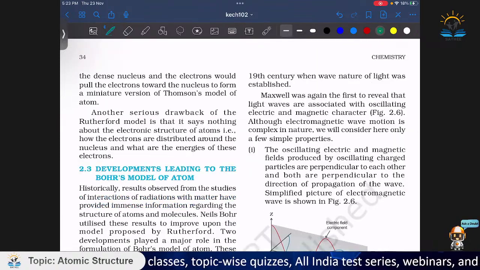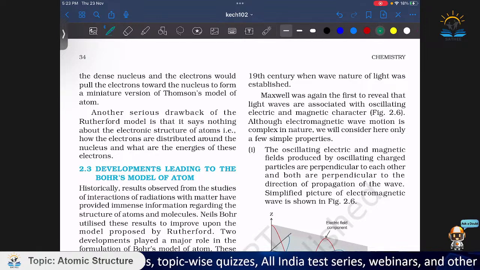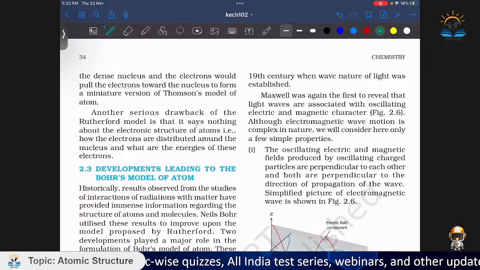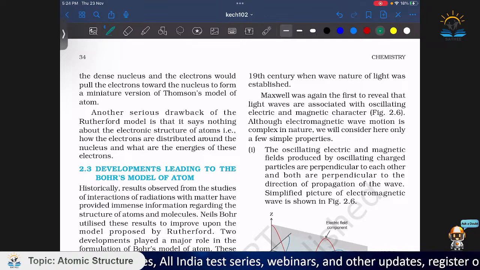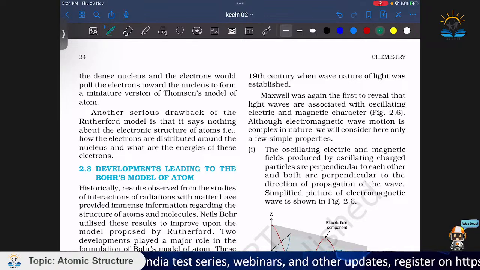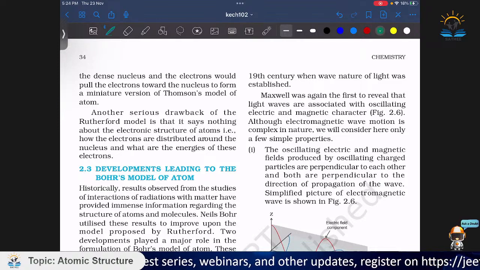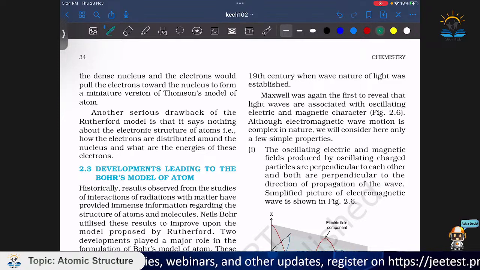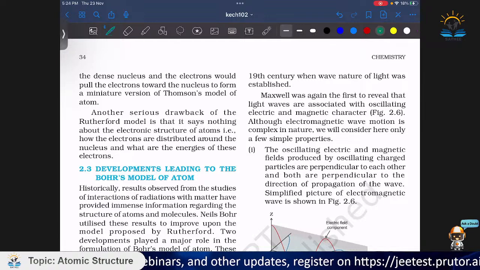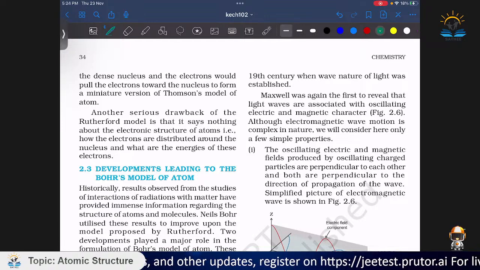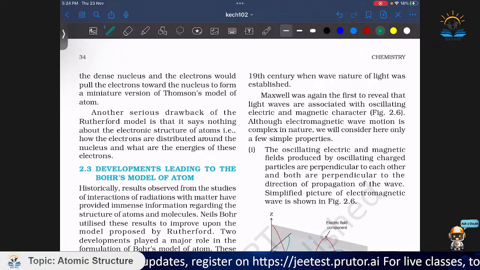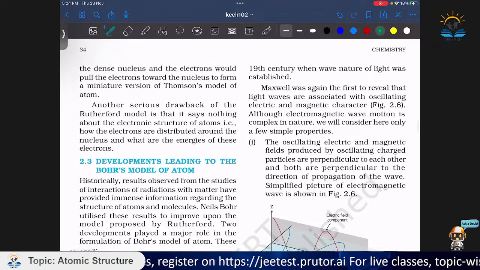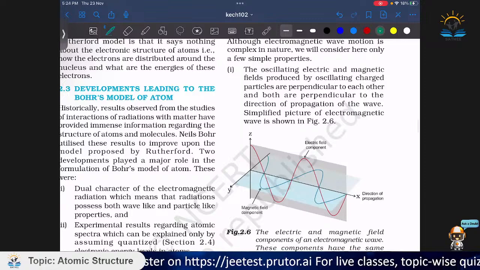That was a drawback because Rutherford was not able to explain why they do not fall into the nucleus. If they're accelerating, they should radiate energy, and if they're losing energy, they should not be able to continue in the same orbit. He was not able to explain it. To explain that, then came Bohr's model.